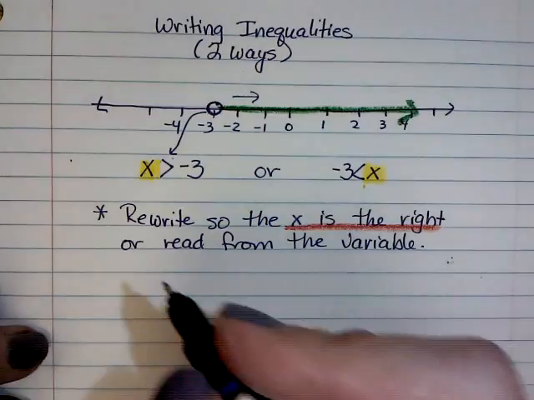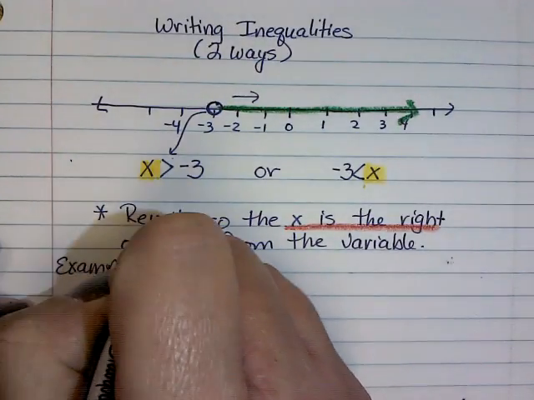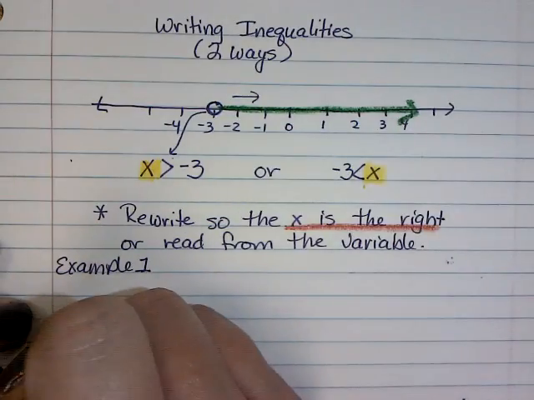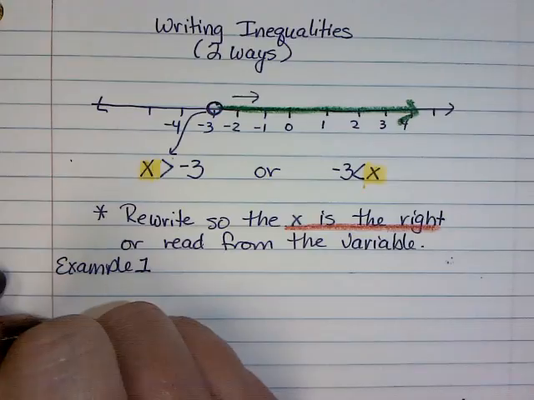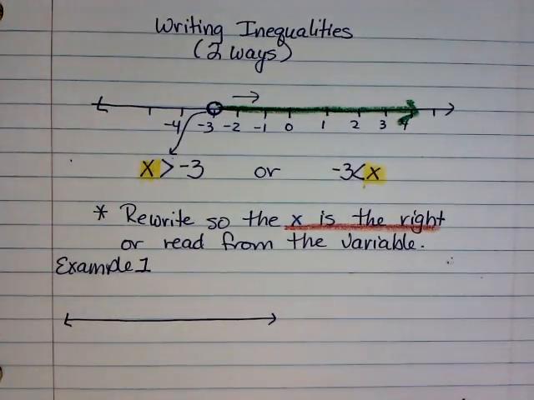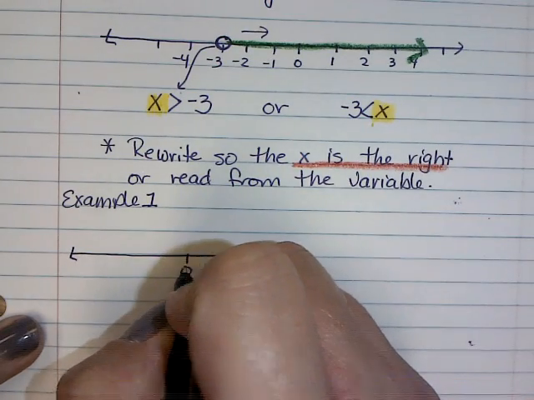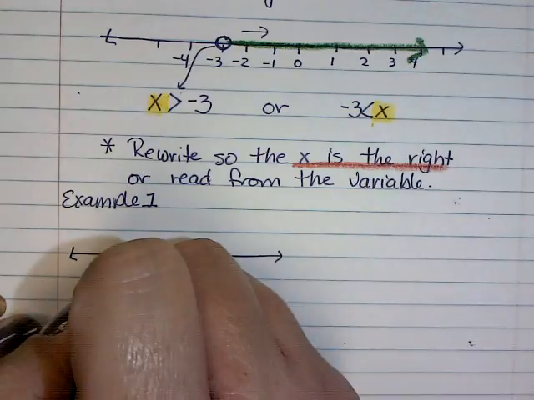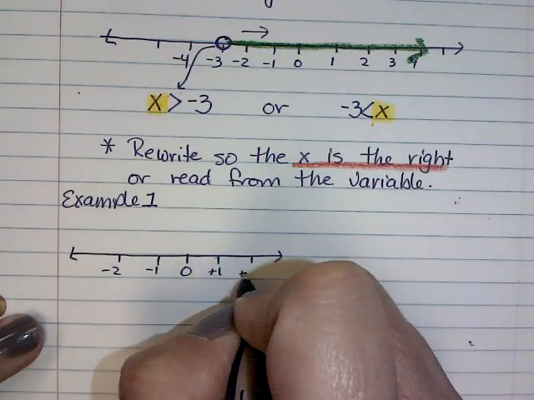So example number 1. I'm going to go ahead and draw my number line, and unfortunately there's lots of drawing of number lines on this stuff. My number line, I'm going to start at 0 in the middle. I'm just going to go down to -1 and -2, and +1 and +2.